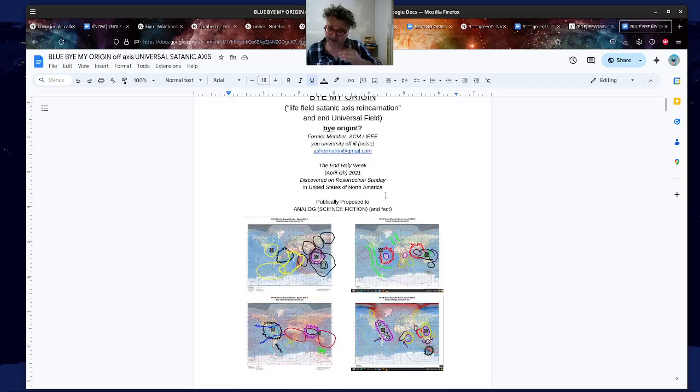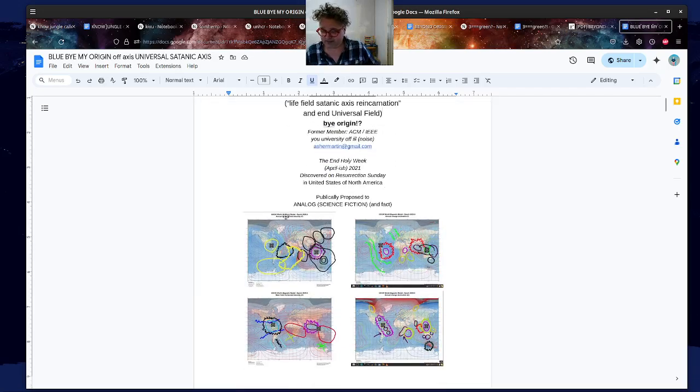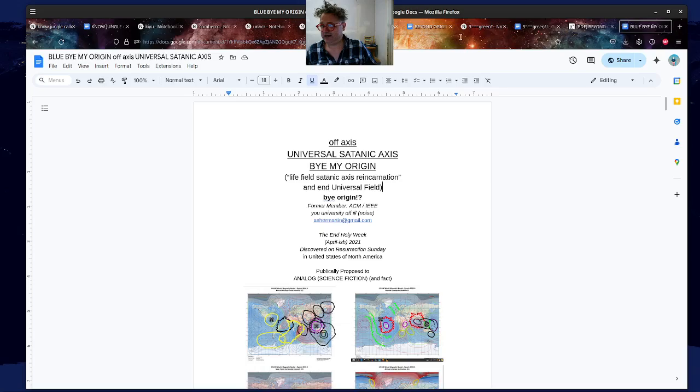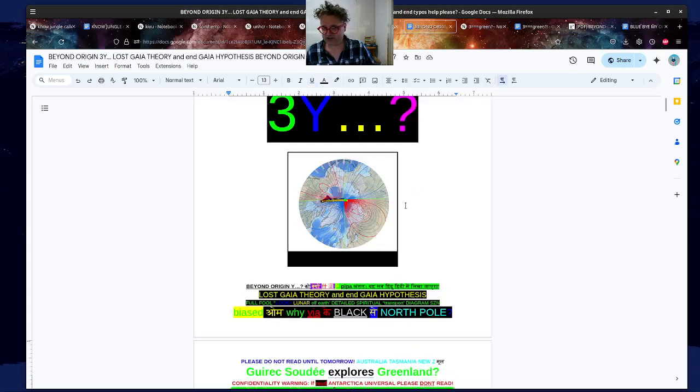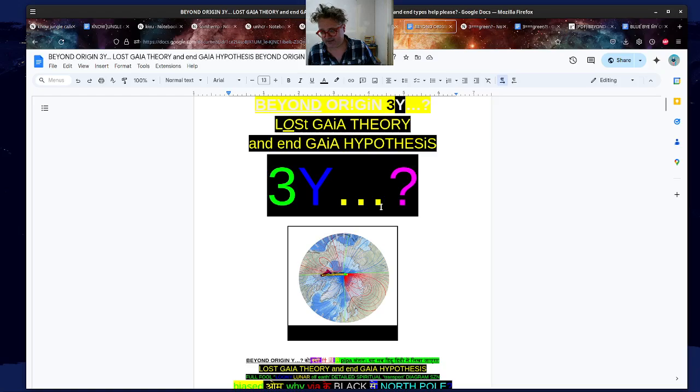That has to do with other axes besides primary axes that may be super important, particularly in the spiritual world. If you're trying to understand the planet beyond just X, Y, and Z, there's a lot of other ways to understand it. But I wanted to start with this paper. Probably the most funny and interesting paper to start with would be the Satanic Axis paper.